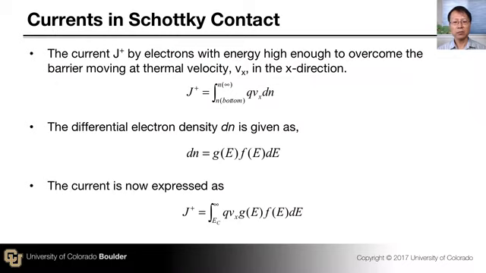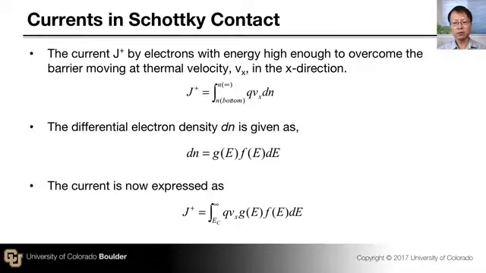So to calculate J+, we basically go back to the definition of current density. Your current density is basically the charge times the velocity times the concentration of electrons. But the electrons that actually contribute to J+ are the ones that have enough energy to overcome the barrier.